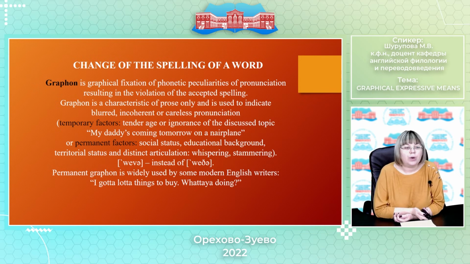The examples of the graphon can be seen here. A very vivid one is the last one, as permanent graphon is widely used by some modern English writers who want to underline the authentic pronunciation of English words in the rapid colloquial speech. I got a lot of things to buy, what you're doing, and many other cases.